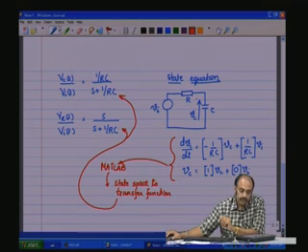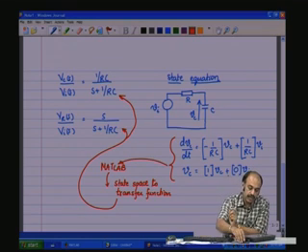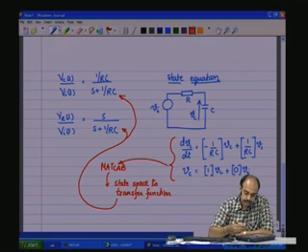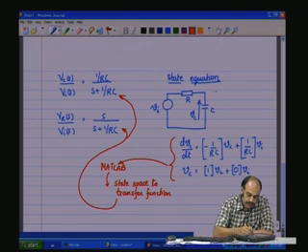So, going back here to this portion, I would like to see what would happen to the output equation when you want an output here as VR instead of VC. You see that VR here, this is VR. What is VR? VR is nothing but VI minus VC.